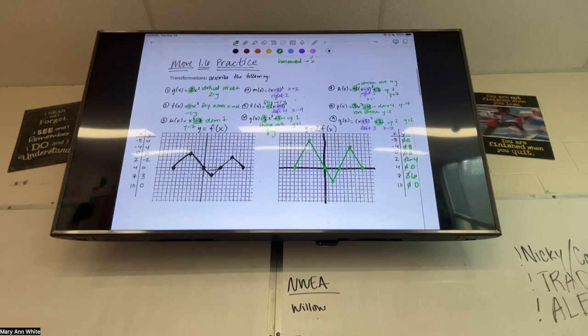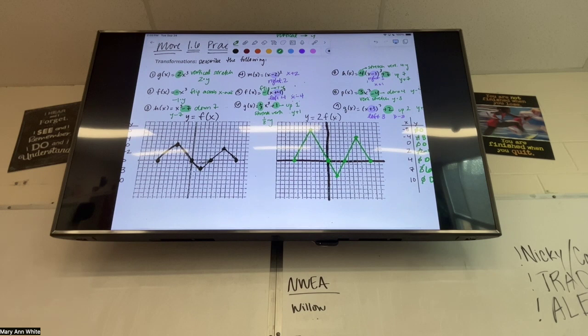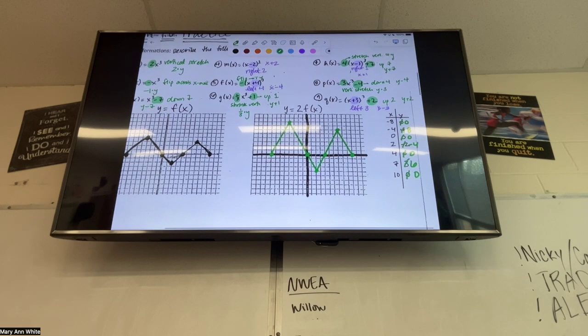And that looks like my original graph just kind of stretched out. Am I moving too fast or are we okay?